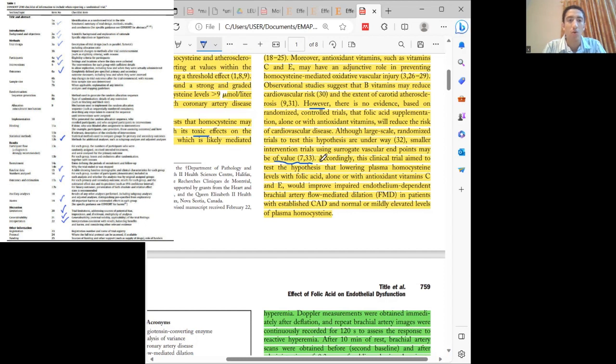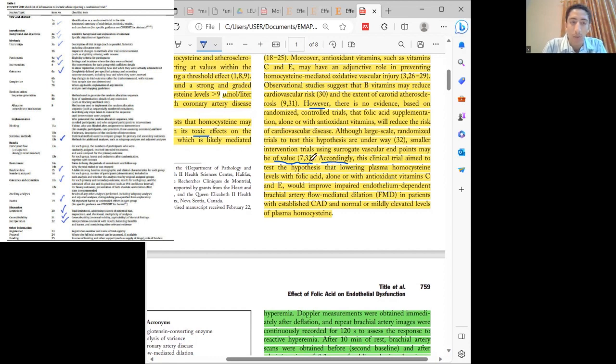So what is this? To be specific, the objective or hypothesis is the purpose of the article.